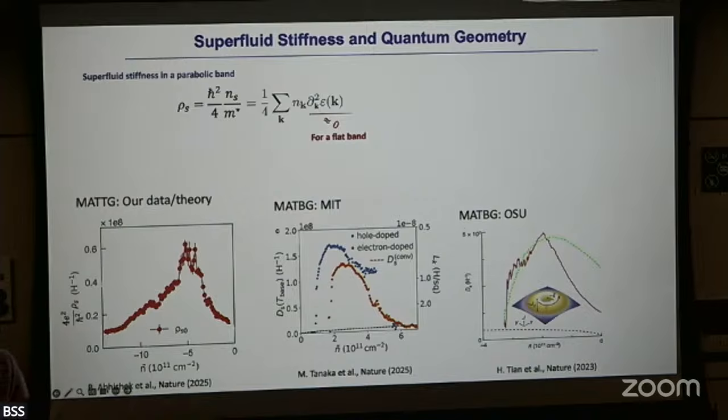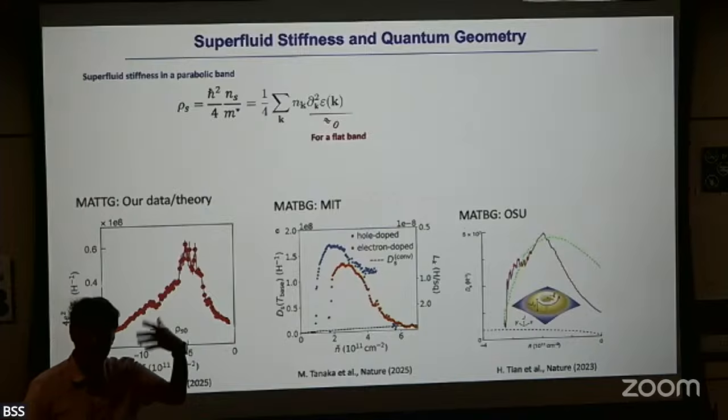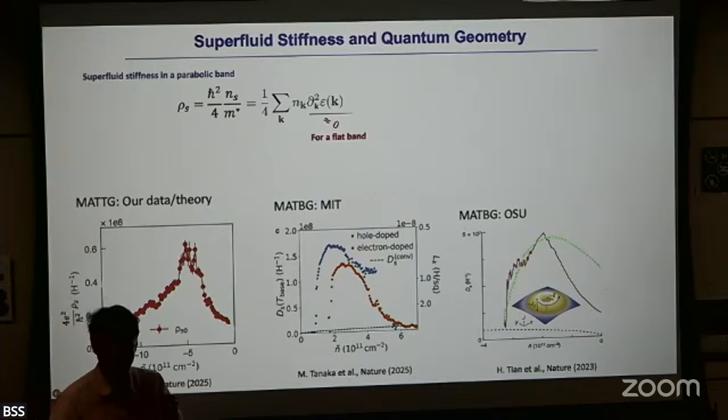Now, yes, how do you determine the bandwidth from experiment? One way is to look at the quantum oscillation under a magnetic field. The Shubnikov-de Haas oscillation will give you the effective mass estimation.